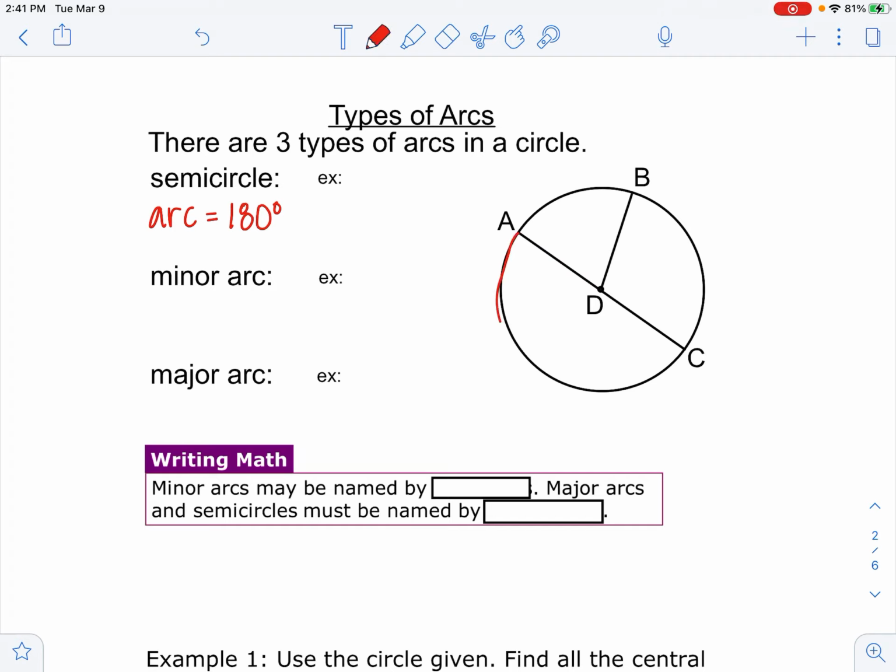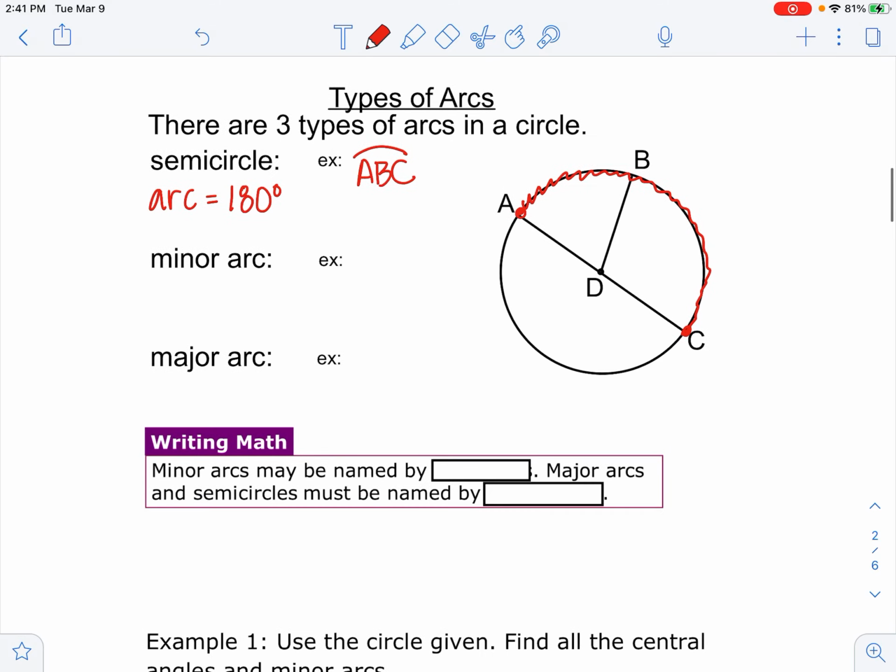We're talking about this right here, or this right here is a semicircle from A to C, but I'm going to go in this direction. Okay, so this right here is a semicircle. And when you name the semicircle, you're going to use the endpoints on the end, AC, and then you're going to put 1 point in between, so ABC. That is our semicircle.